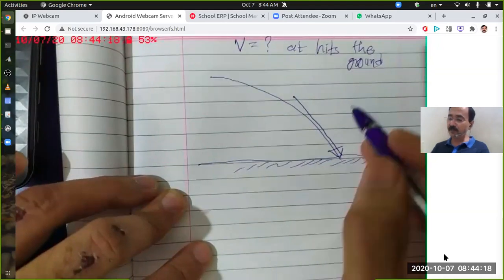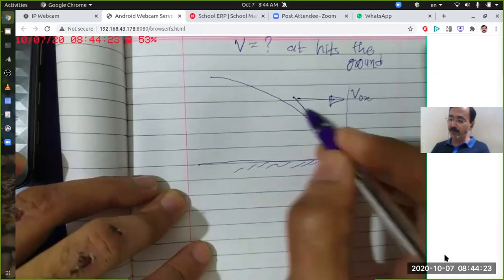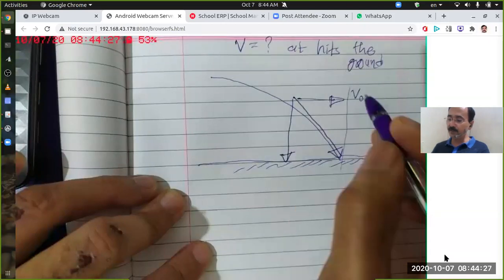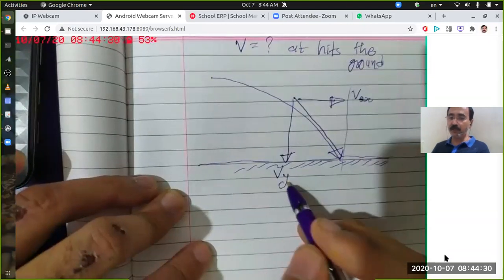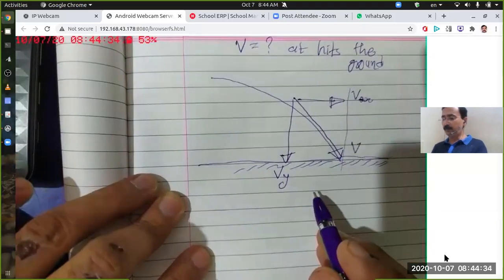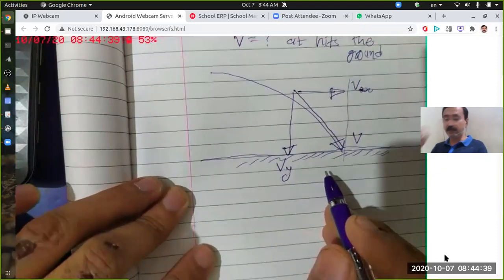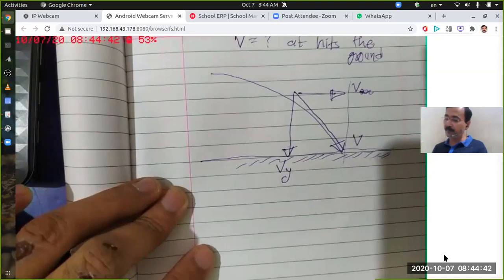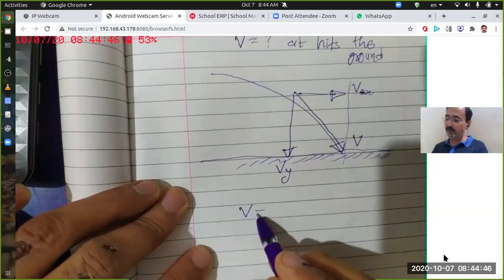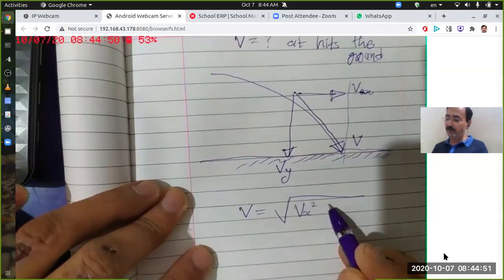So it will have an x component, this is v0x, and one y component. This is vx, this is vy, and this is v. Are you getting it? So if you want to find v, we can use this formula, vx square plus vy square.